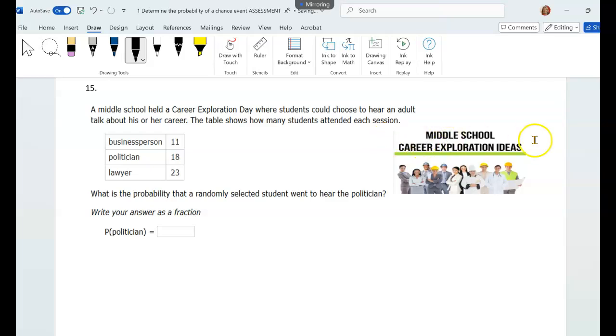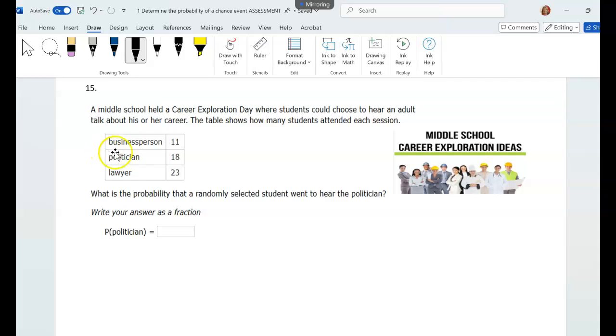And we want to know what is the probability that a randomly selected student went to hear the politician? Write your answer as a fraction. So the probability that a random student went to hear the politician speak about his or her career.